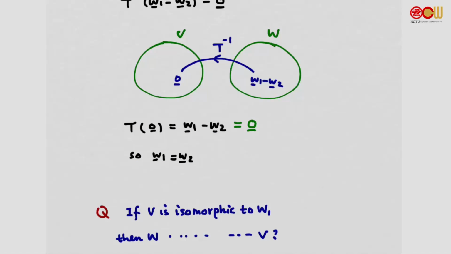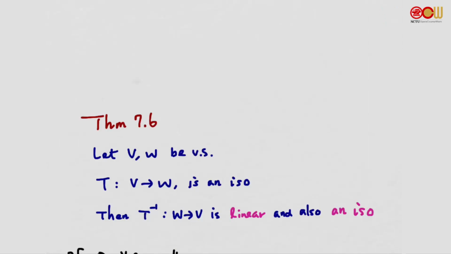So there is an isomorphism from V to W. Now the question is, is W isomorphic to V? That means, can we find an isomorphism from W to V? And surely we can, because T inverse is linear and also an isomorphism.